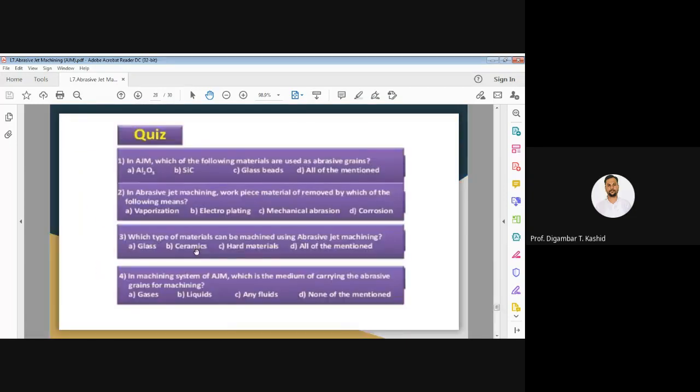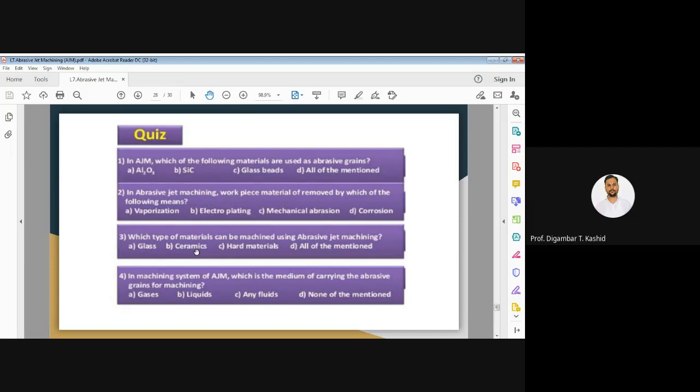Let us move to the next question. In abrasive machining, the workpiece material is removed by which of the following means? That means what is the action? How will the material be removed using this abrasive machining process?